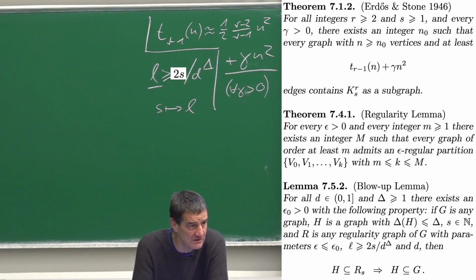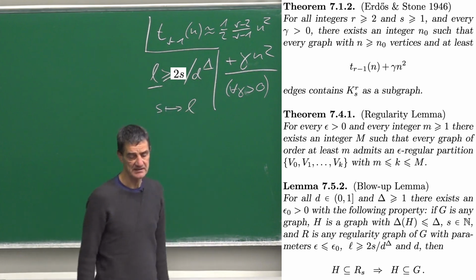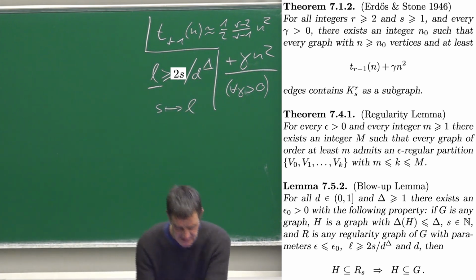I can tell you now it's going to be 1 over gamma, but that will come out of the proof later. And then the regularity lemma will return an epsilon regular partition into classes of some common size L. And we want this common size L to be big enough to satisfy this.